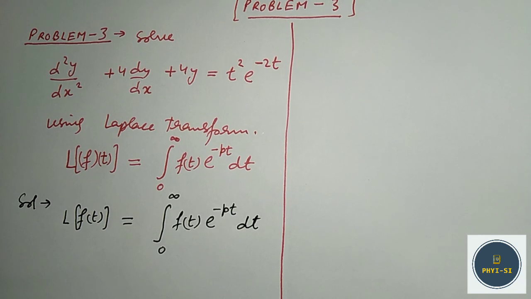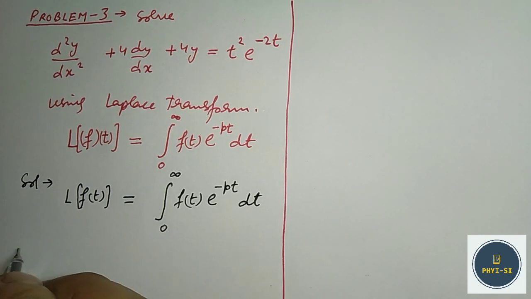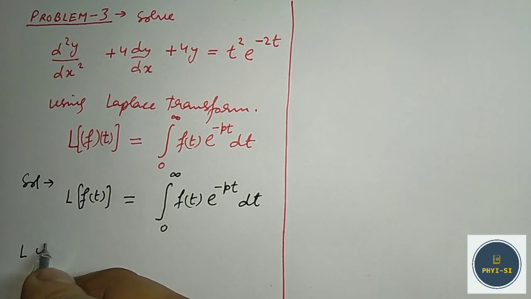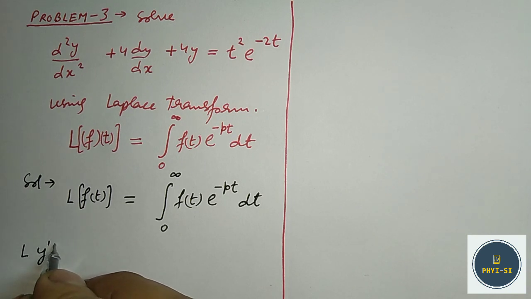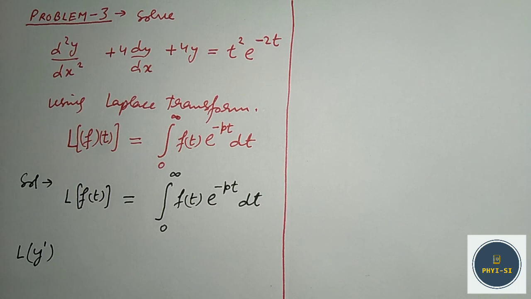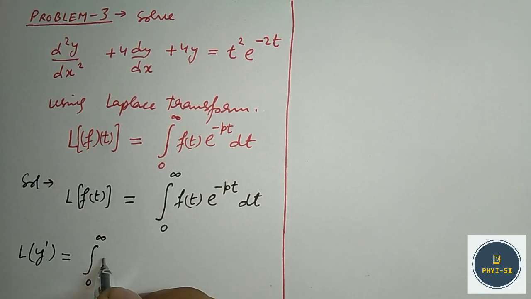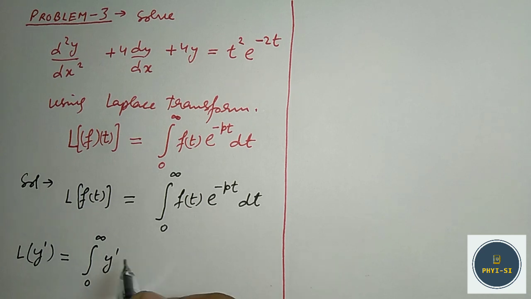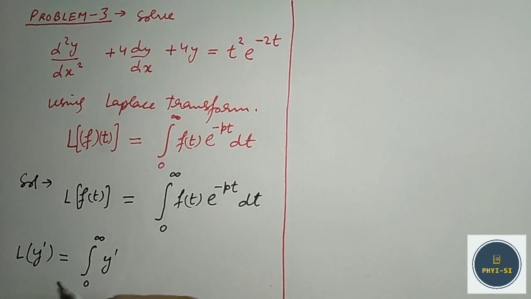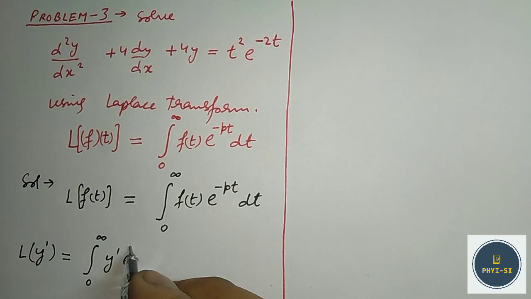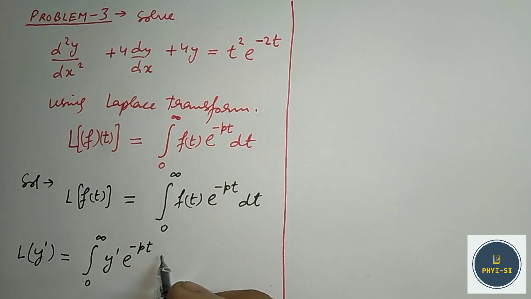Now let us take the Laplace transform of the first derivative of some variable y. I can write it as the integral from 0 to infinity of y dash, which is also a function of t, times e raised to power minus pt, dt.